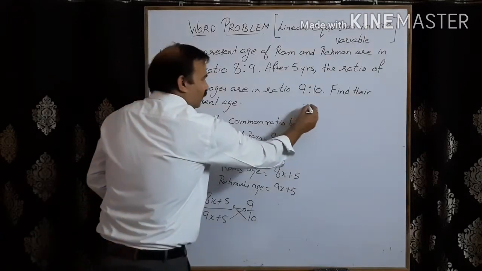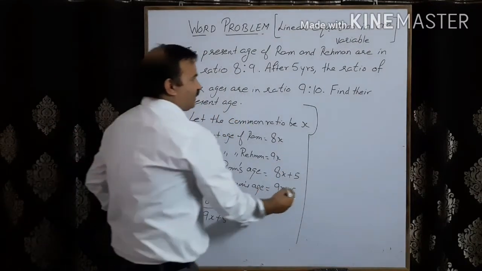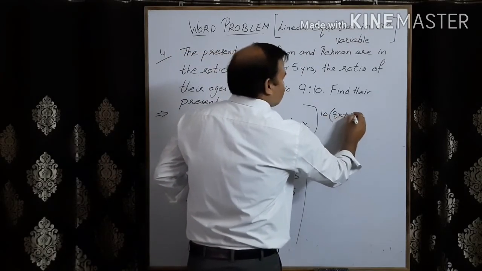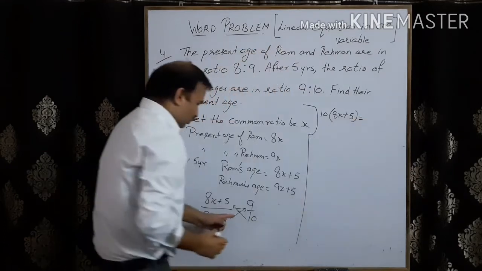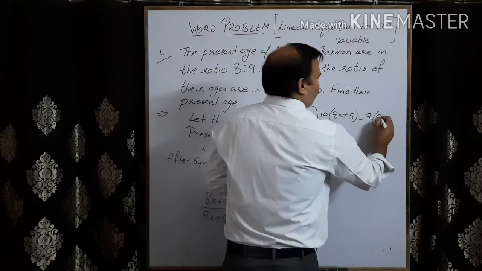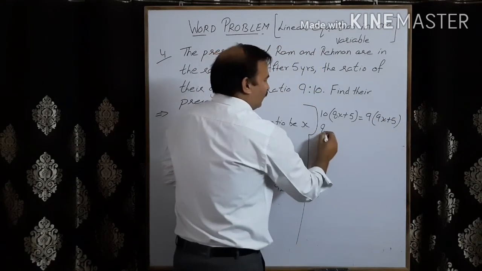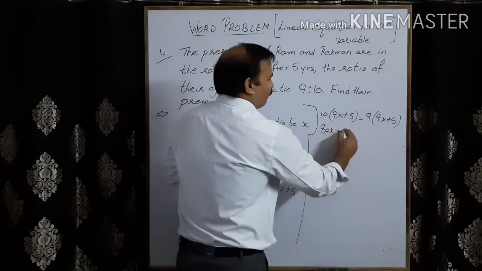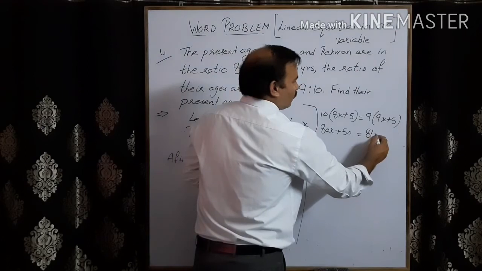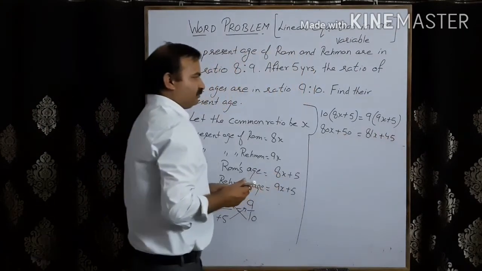Fine, I'll solve here. Cross multiply: 10 will go to this one side, so this will become 10 multiplied by (8x plus 5) is equal to (9x plus 5), which will go to the other side and multiply with 9. Now 10 eights are 80, 80x, 10 fives are 50, 9 into 9x is 81x, and 9 fives are 45.